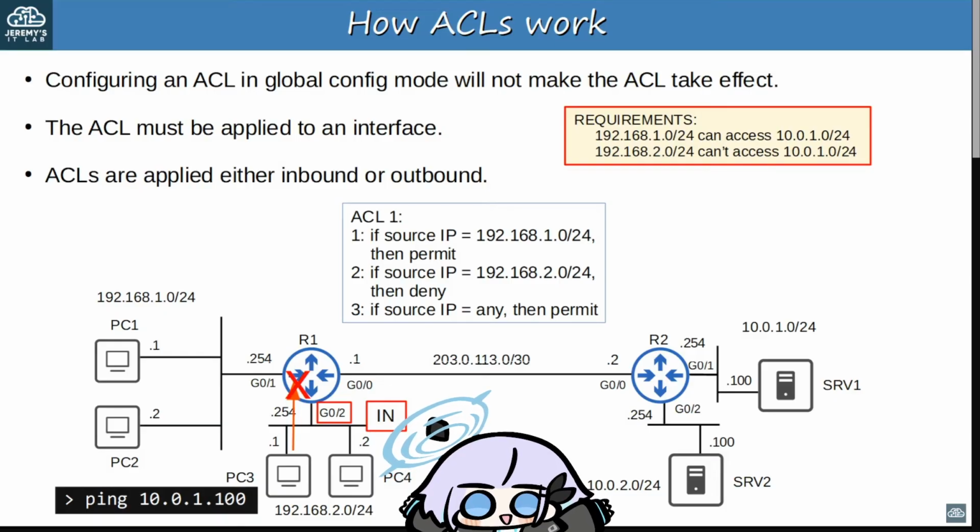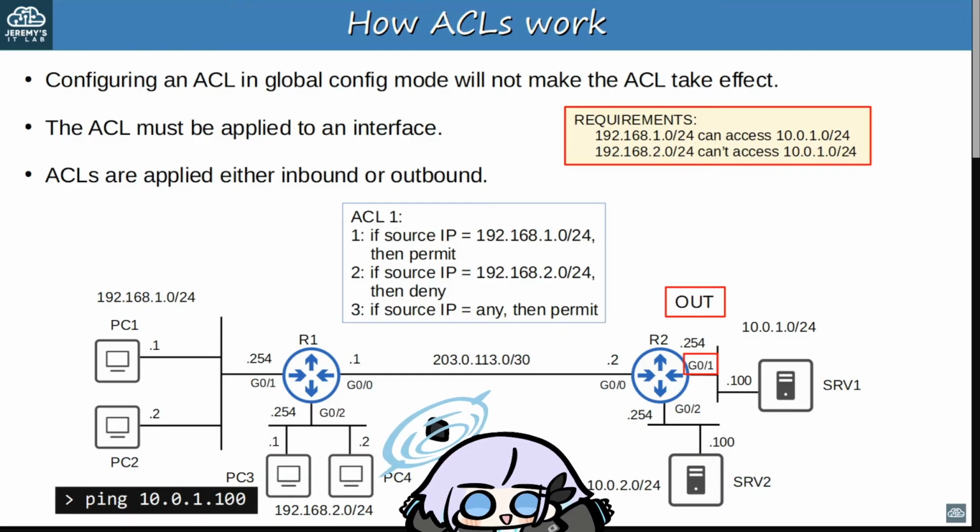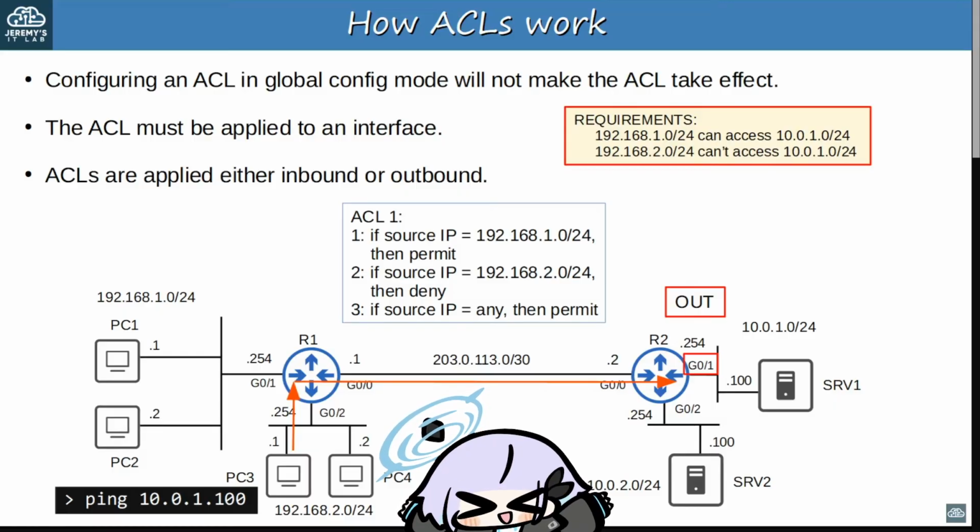There are some other possibilities we could try, such as applying it to R1's G00 or R2's G00, but let's take a look at the best option. The best location to place this ACL is outbound on R2's G01 interface. Wait, not inbound? Let's see how it works. If PC3 tries to ping server 1, R2 will check the ACL because it's going out of its G01 interface to server 1.